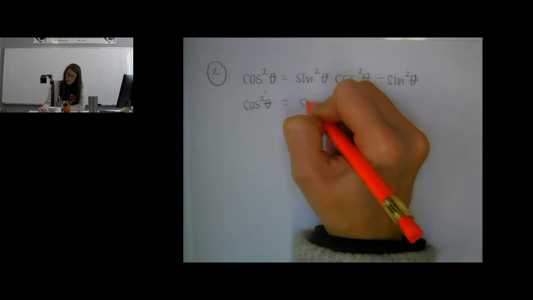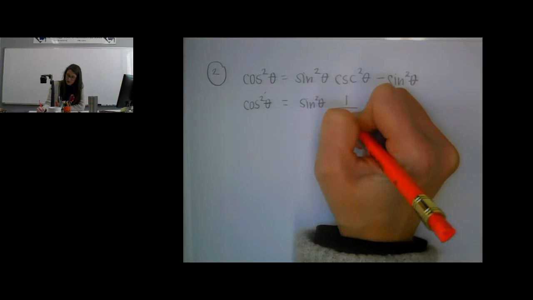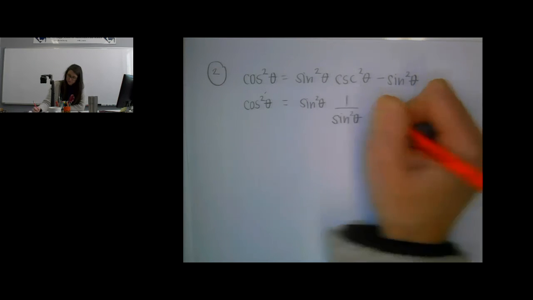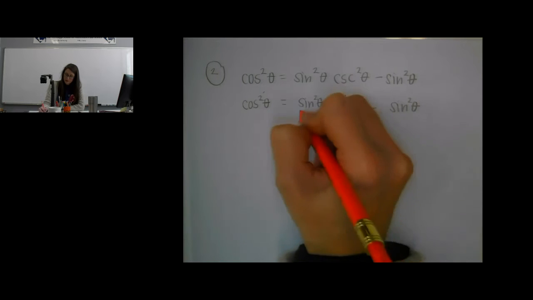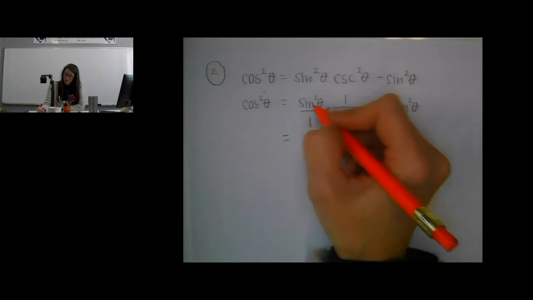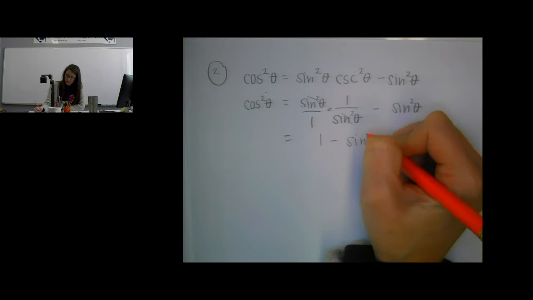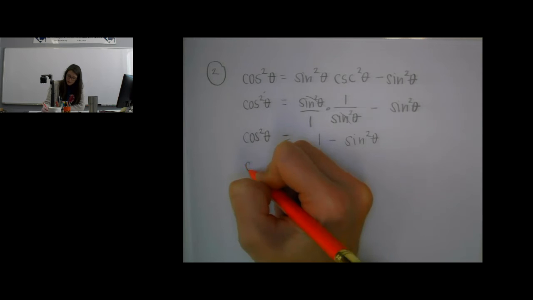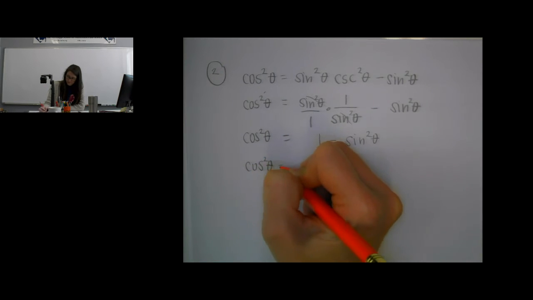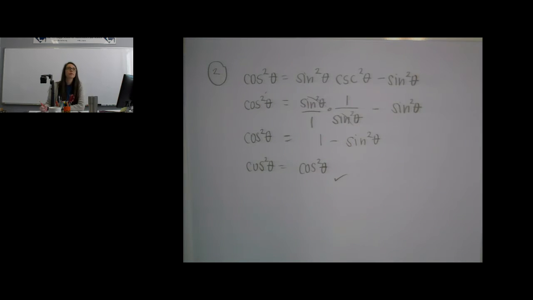I'm going to have a sine squared theta. Cosecant squared is 1 over sine squared, this is just over a 1. This is multiplication here. So sine squared, what happens there? So I'm going to be left with 1 minus sine squared theta. And 1 minus sine squared theta is what? Cosine squared theta. So there we go.